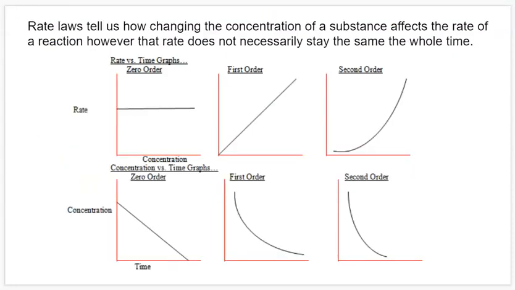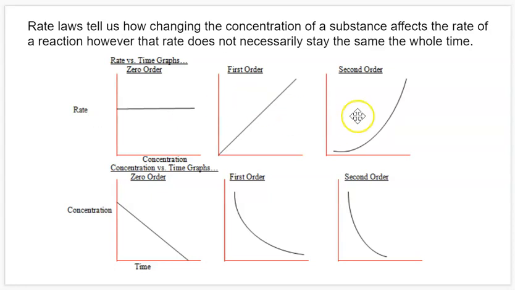So let's change gears a little bit. Rate laws tell us how changing the concentration of a substance affects its overall rate. But we'll notice that in most chemical reactions, the rate does not necessarily stay the same the whole time. Of course, it's going to in a zero order reaction, because as the reaction proceeds, the dwindling concentration of the reactants isn't going to have an impact on the rate.